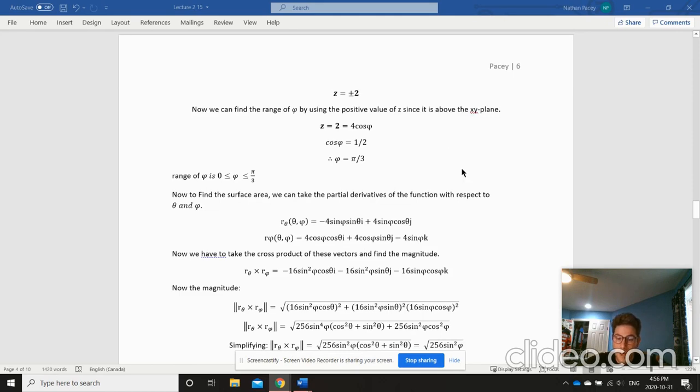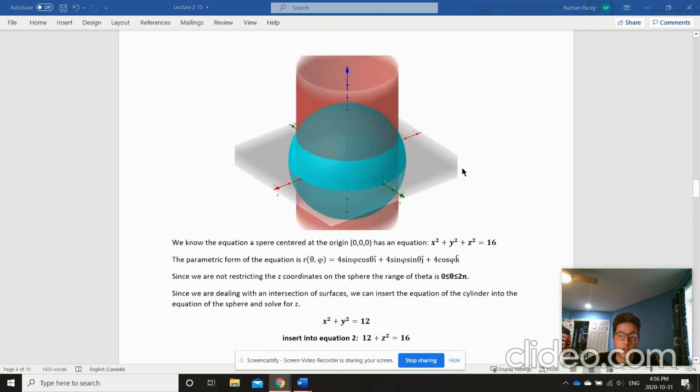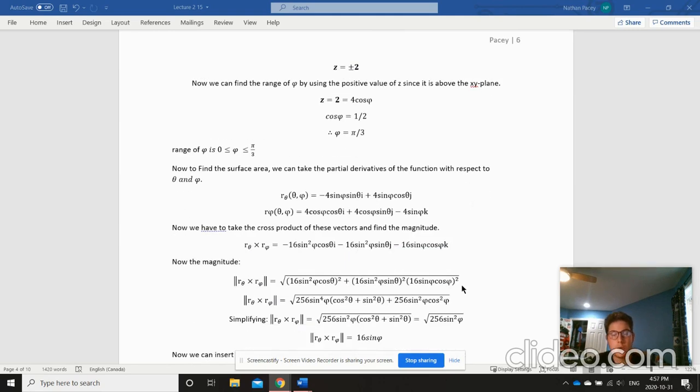But before we do that, we need to take the cross product. So using the parametrized equation, we can now take the cross product of the partial derivatives in theta and psi, and its magnitude will help us find the surface area.